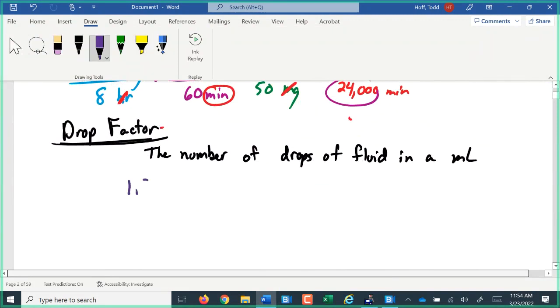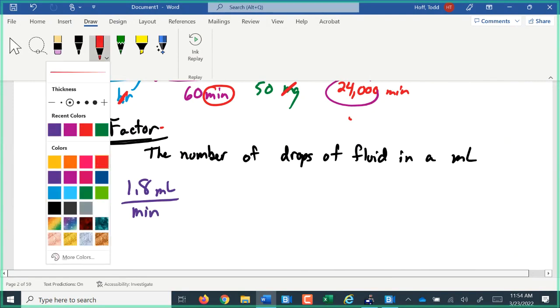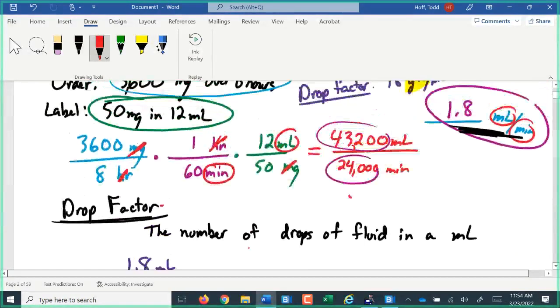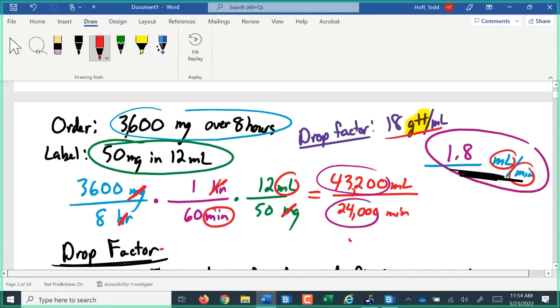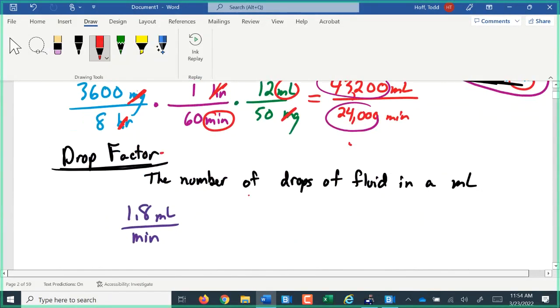So I have my 1.8 milliliters per minute. I can use this drop factor of 18 drops per milliliter. Remember we had said before that any rate can actually be converted into a measurement equivalency. 18 drops per milliliter means that 18 drops is equivalent to 1 milliliter.